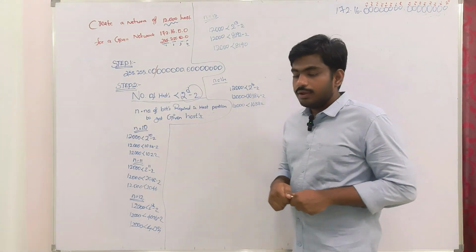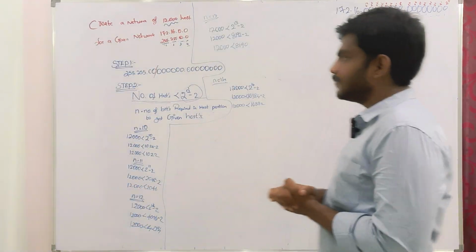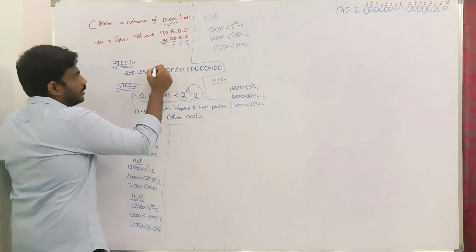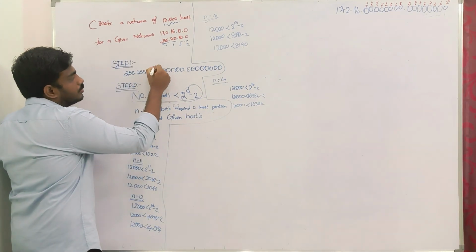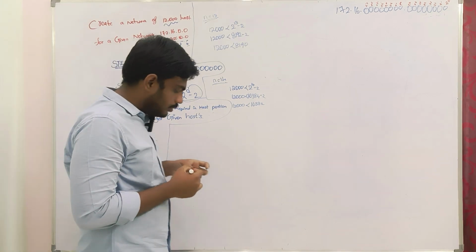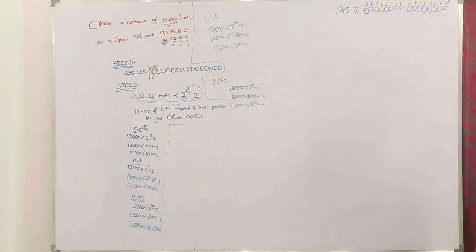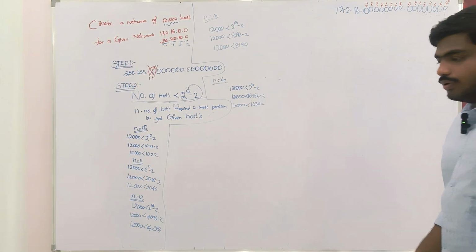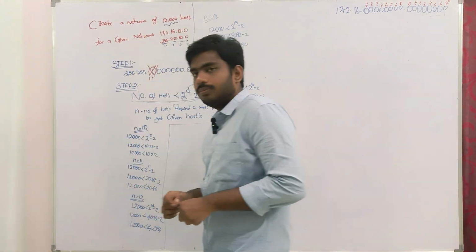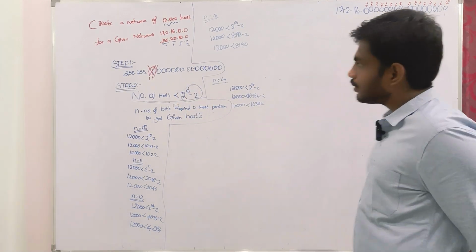Here we have a very important task. You just go here, remove these zeros, and make these zeros into ones. In previous videos also, what you did, the same you should do here.